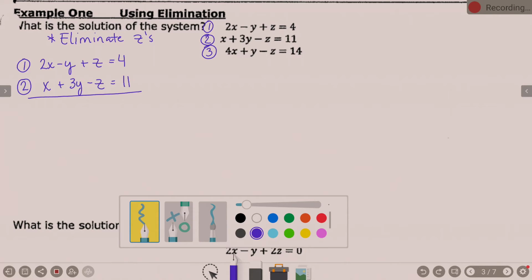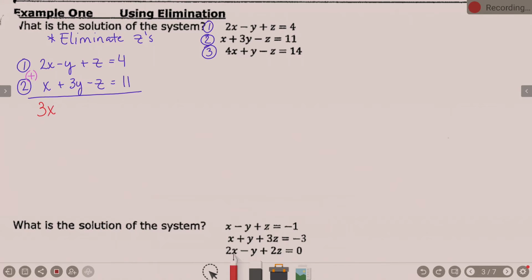We're going to add. So as we add here, 2x plus 1x is 3x. Negative 1y plus 3y is 2y.